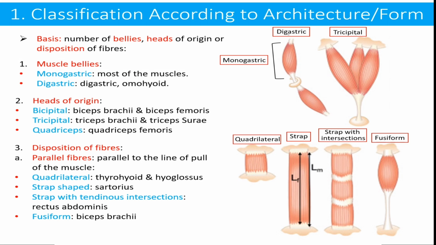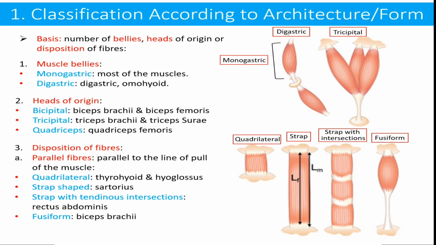and this group is represented by number one, quadrilateral muscles, which have got almost a quadrilateral shape, represented by thyrohyoid and hyoglossus. Number two, strap muscle. Such muscles are elongated with parallel fibers, represented by sartorius muscle.